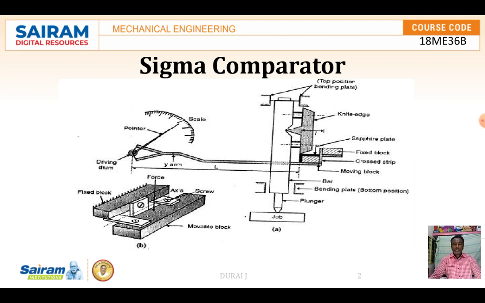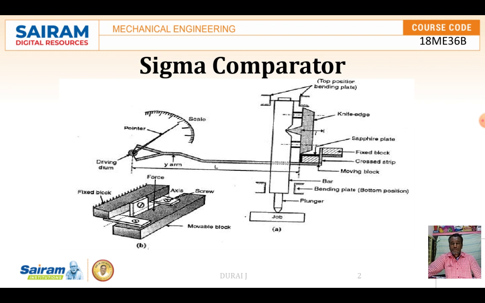Afterwards they check whichever component; suppose any variation is there, automatically the plunger, connected with the rectangular bar, is going to move. So the knife edge will be deflected along with the moving bar slightly, so the Y-arm changes its position, and the driving drum rotates with the help of the thread.